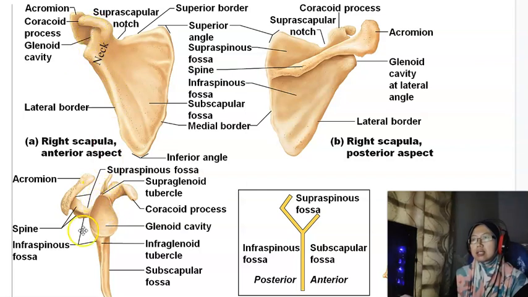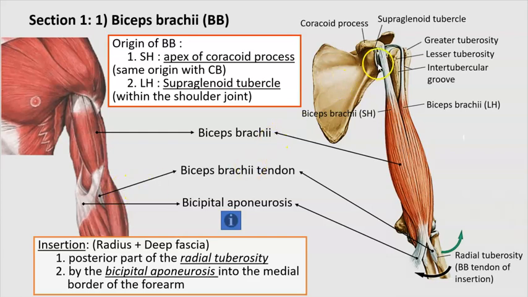Here is the attachment of the long head of biceps brachii, meaning in the shoulder joint itself. So now you know that the short head is at the coracoid process of the scapula, same origin as coracobrachialis, and the long head is attached to the supraglenoid tubercle in the shoulder joint. This is its origin.